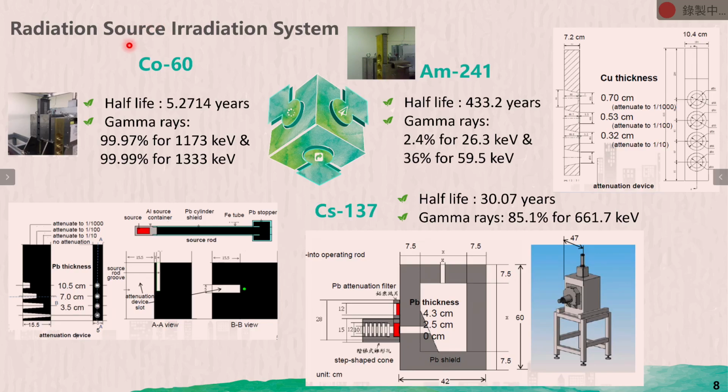We have three kinds of sources: cobalt 60, cesium 137, and americium 241. For cobalt 60 we have its own source rod. We made it, and cesium 137 and americium 241 also have their own.